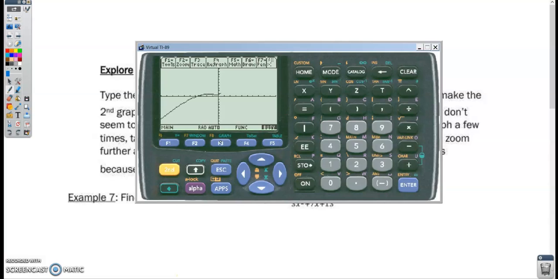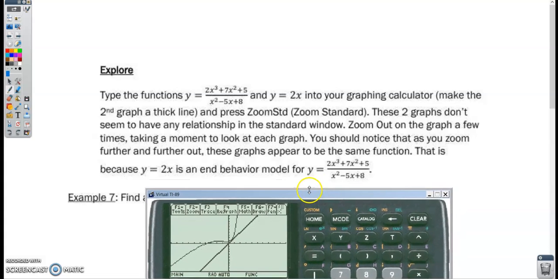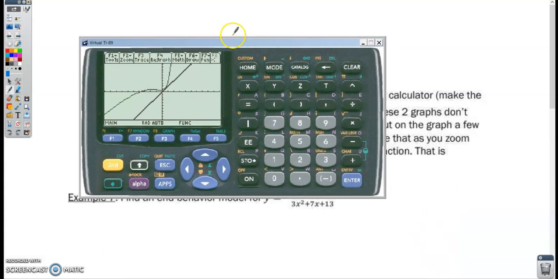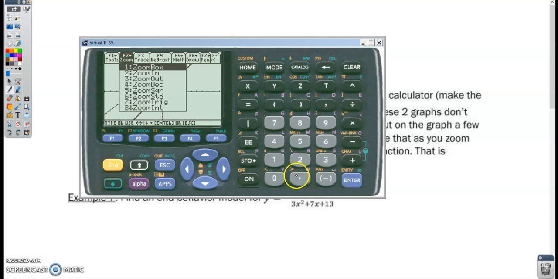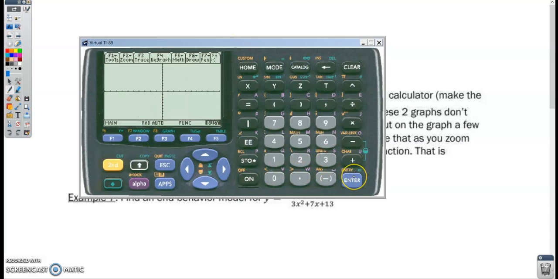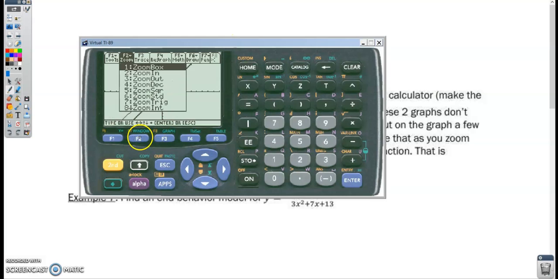And here's the initial function. And there's y equals 2x. And those two functions don't really look a whole lot like each other in this situation. But what we can do is if we zoom further and further out, these graphs are going to start to look more and more like the same function. Okay, so there I've zoomed out once. Not too noticeable yet. Let's zoom out again.